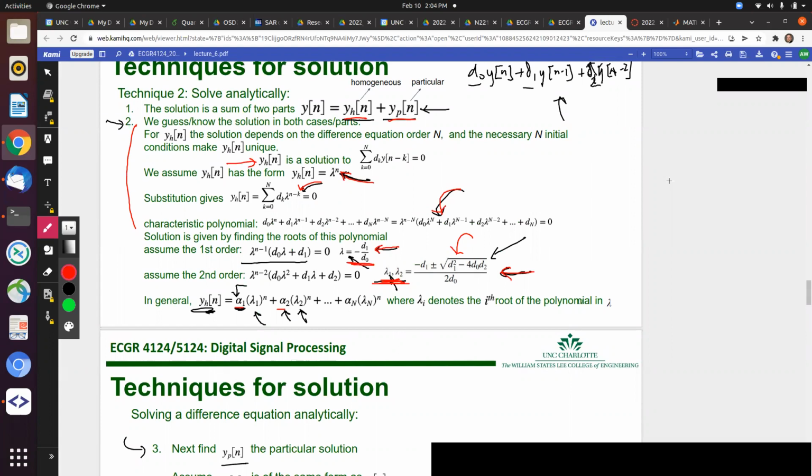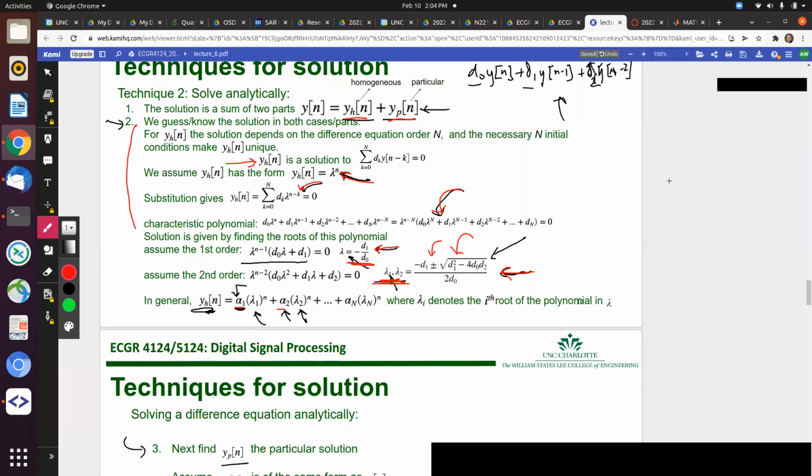So just say, okay, I see that we have the square root of a negative number. So I'm going to represent that number as the square root of negative 1 times the square root of a positive number. So you put a J in front of it. And then now you have a complex value. Because it's plus and minus there, you'll end up with a plus and minus J times something.